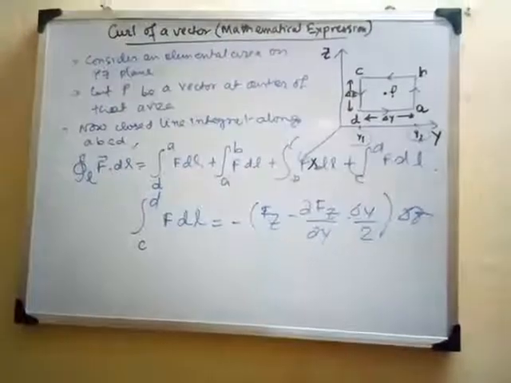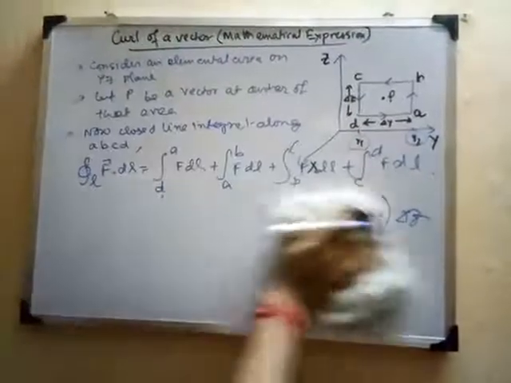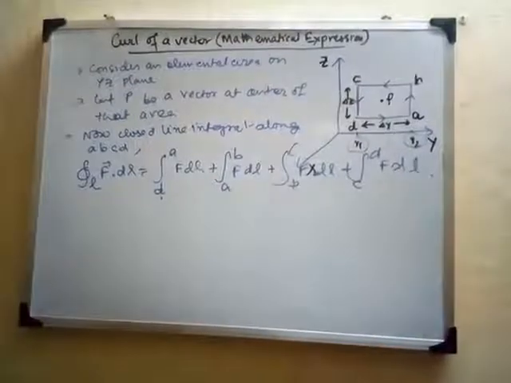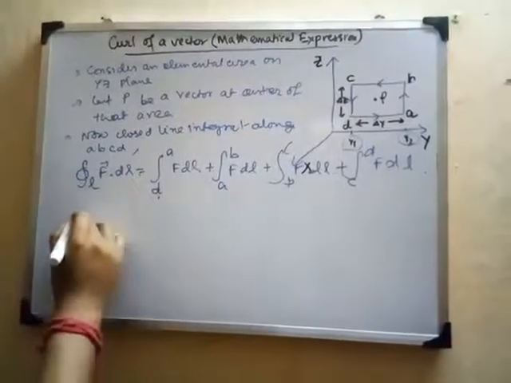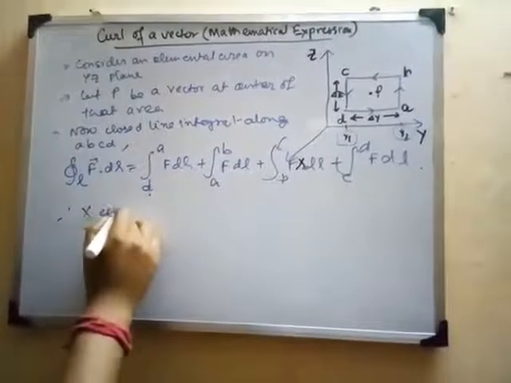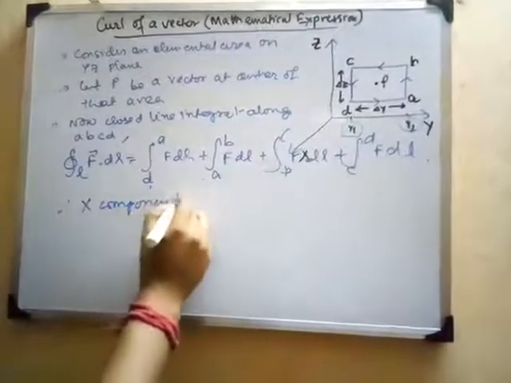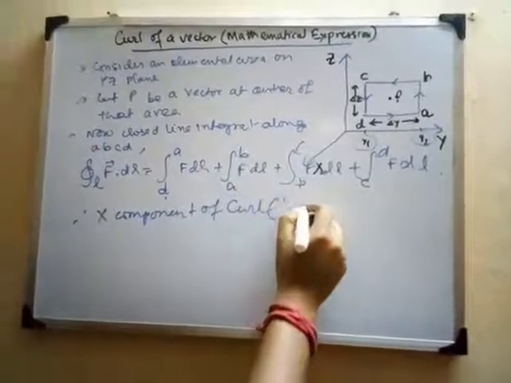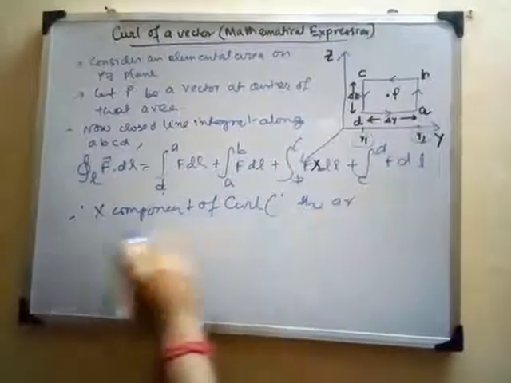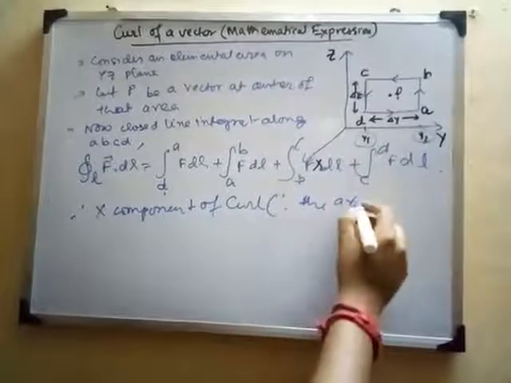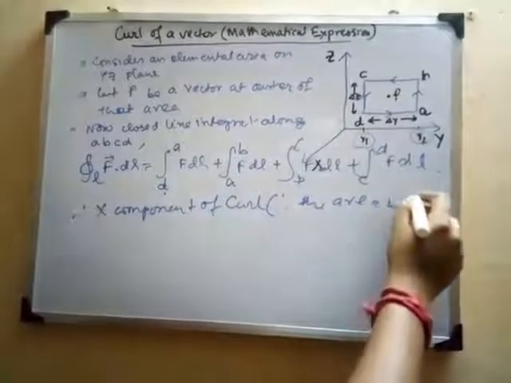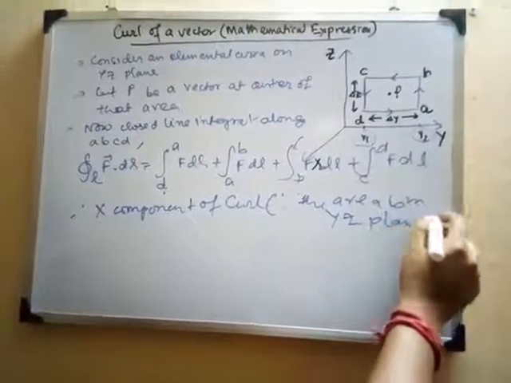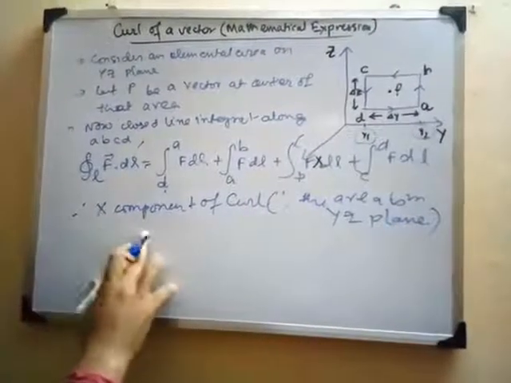Now we will simply add these four expressions, in different components. For the x component of the curl, since the area is in the yz plane, we are taking the x component here.